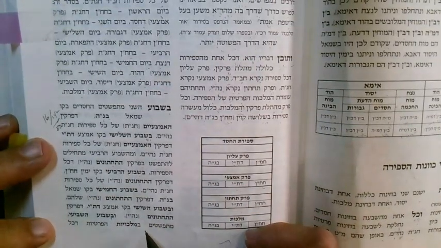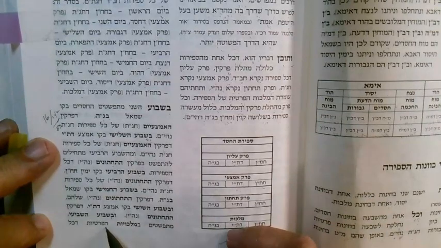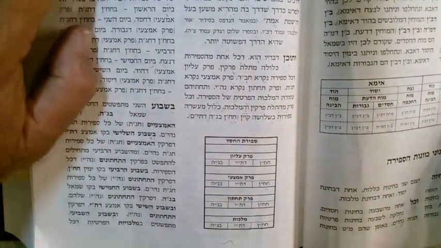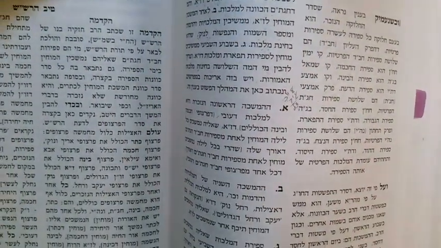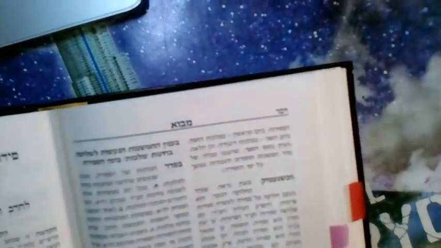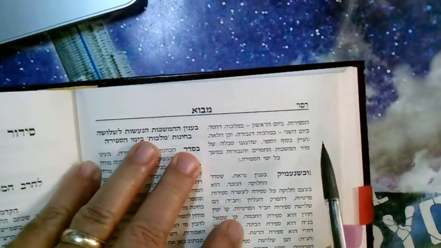The seventh week, mispashtem b'malchut, b'perakim, we call each one of them, let me see, we call Sefirot.